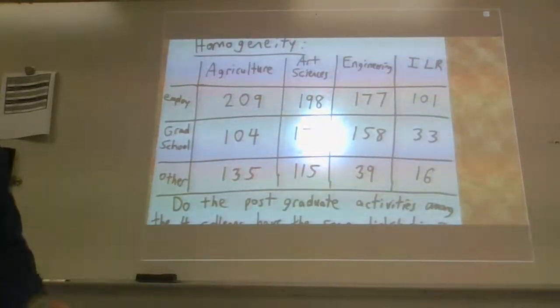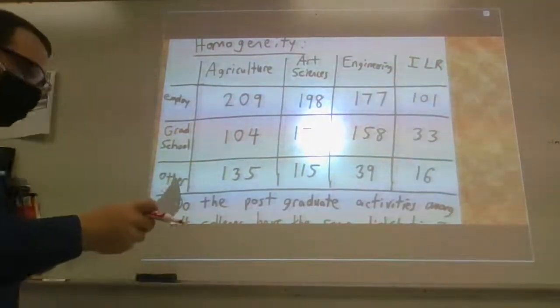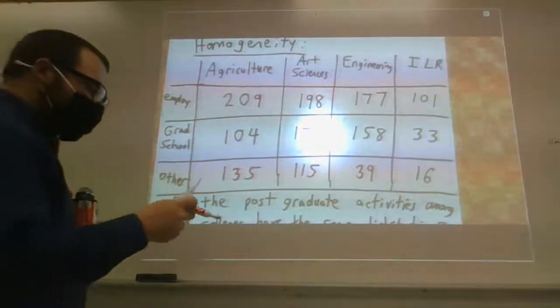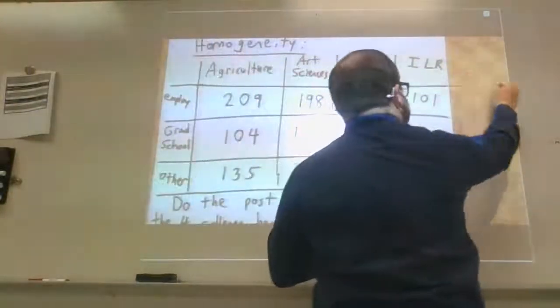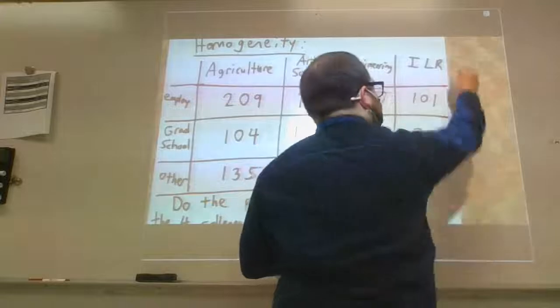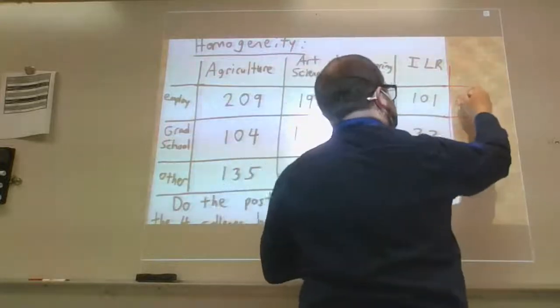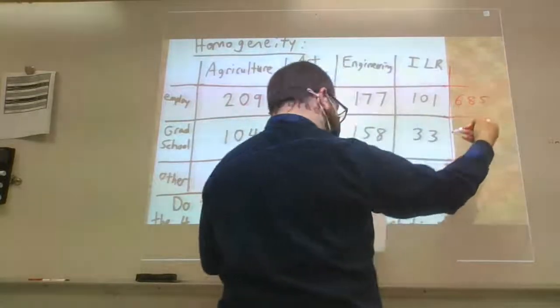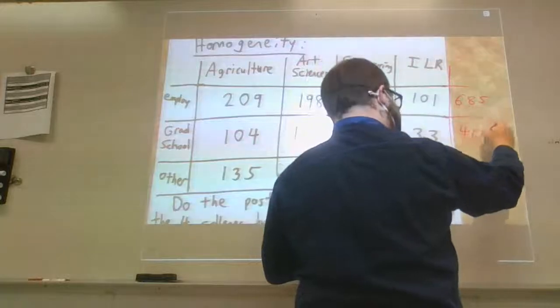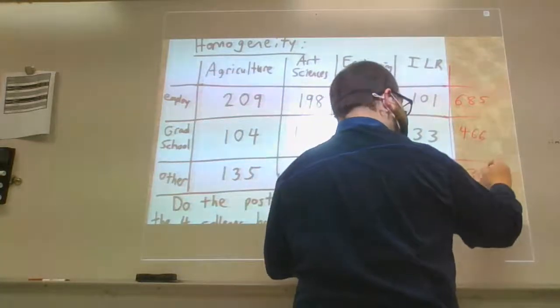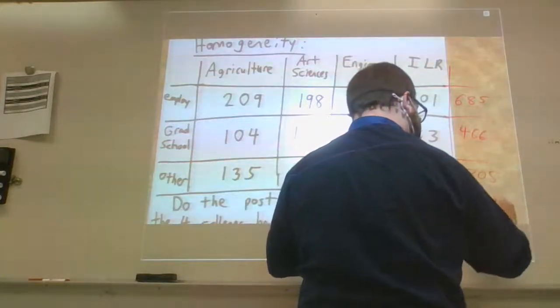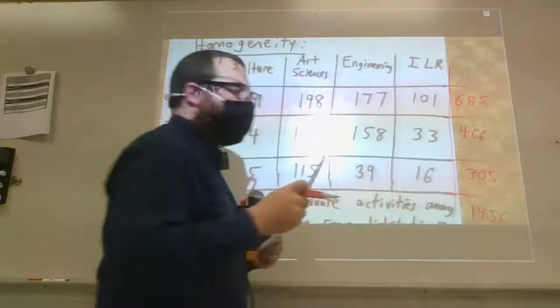So what they did was they figured out, okay, if I were to actually continue this table right here, there would be 685 in this category, 466 in this category, 305 in this category, and 1456 overall.